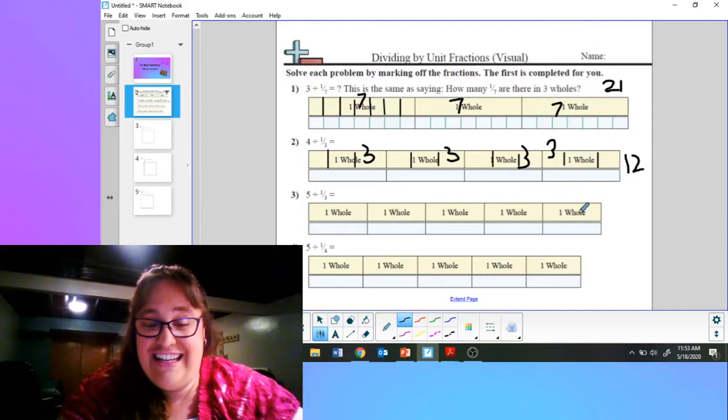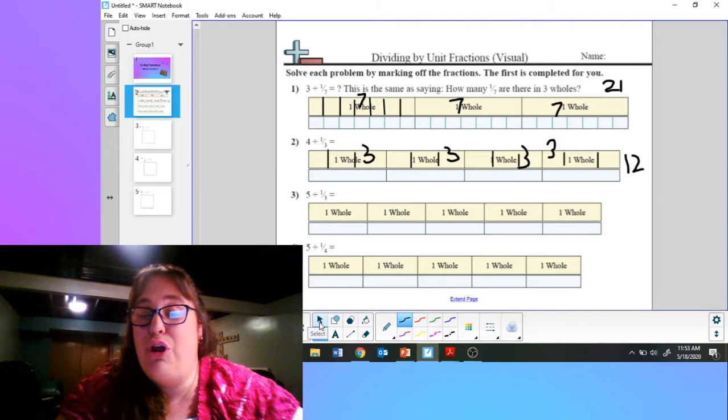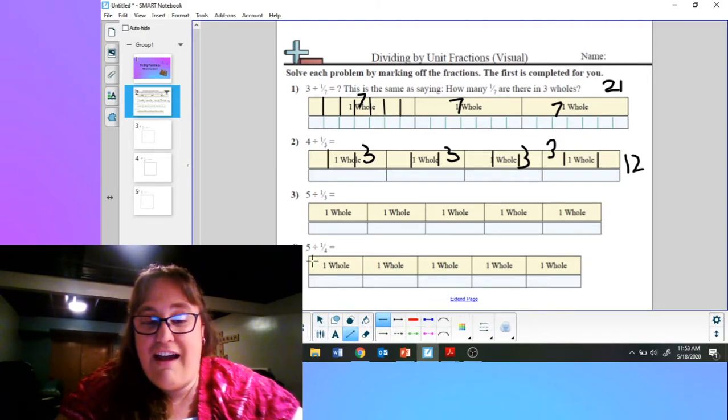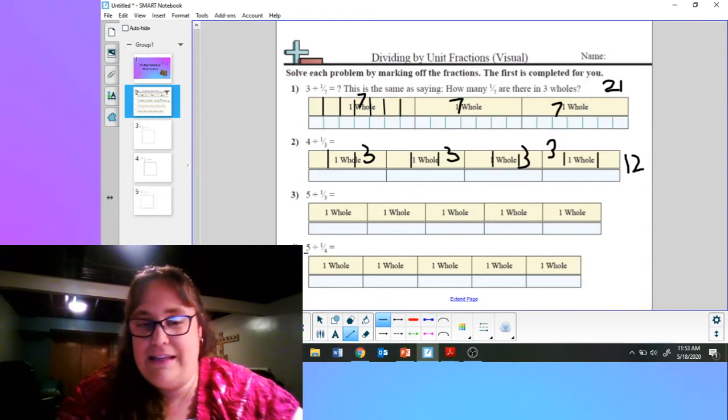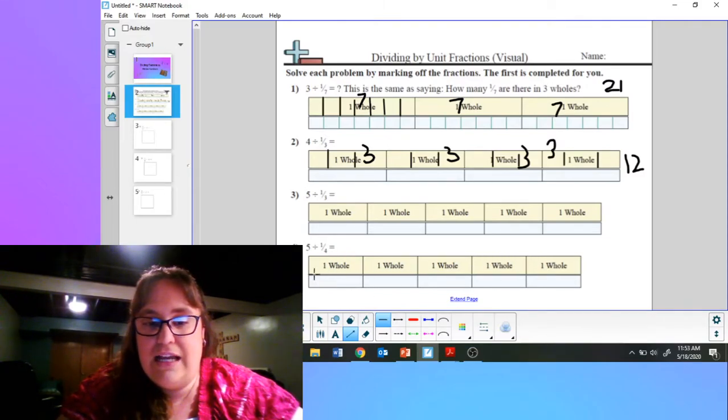Pretty easy peasy, right? I'm just going to do one more with you because I think you're going to do super swell on this. It's going to be easy enough for you. All right, so I've got 5 carrot sticks, and I'm going to split them up into 1/4 pieces. So here's my 5, and I'm going to split them up into how many pieces? 4. Remember, I like to do 4, so I split them in half, and then I split them in half again. And at some point, I know one of you is going to say to me, Mrs. Spitzley, do I have to do all my dividing?